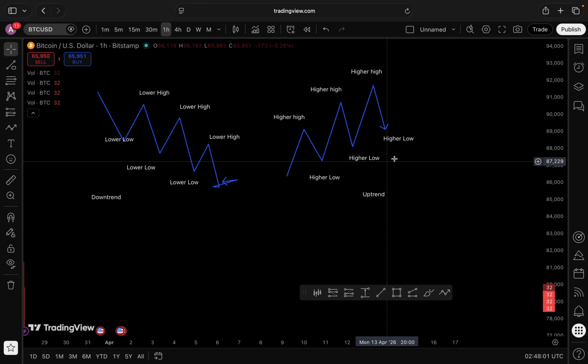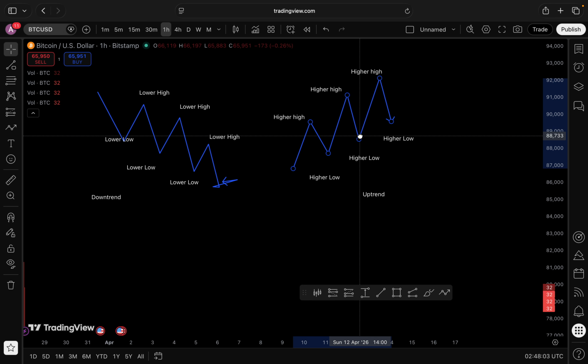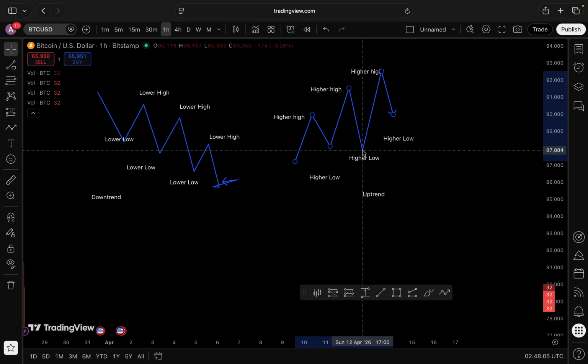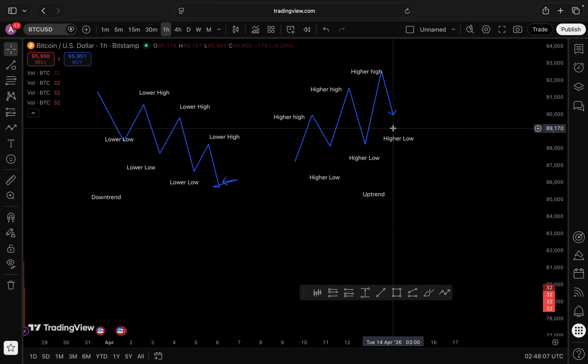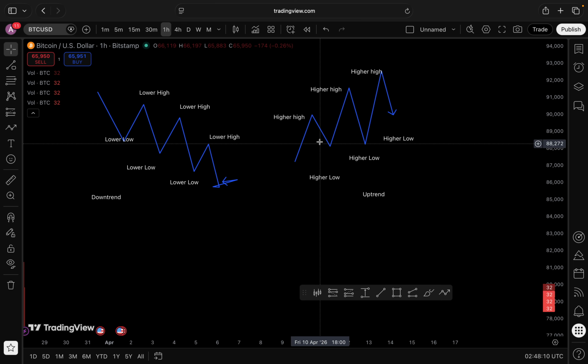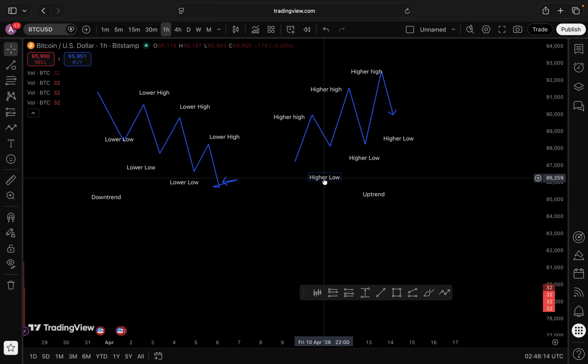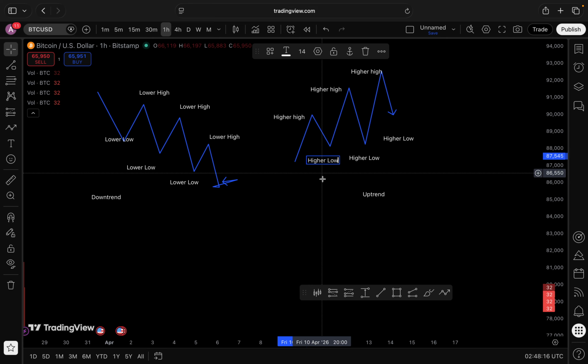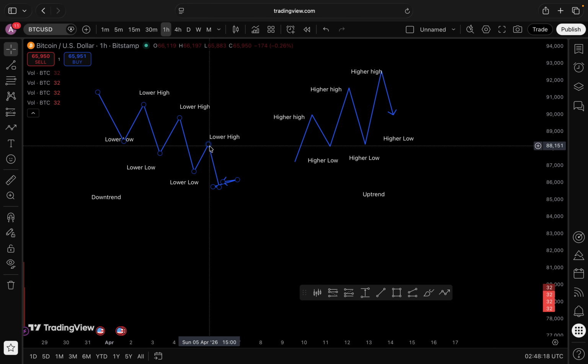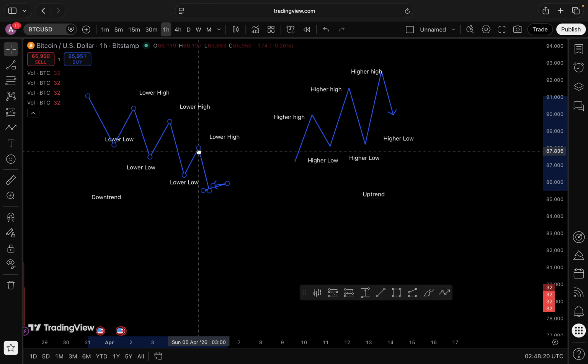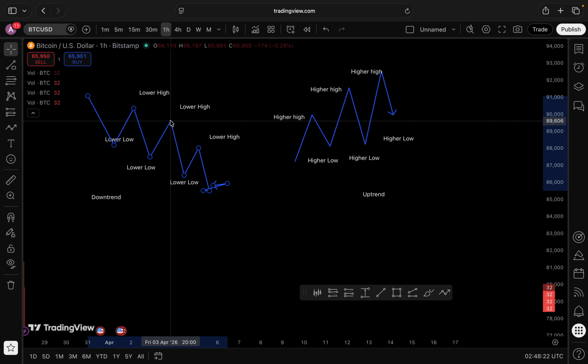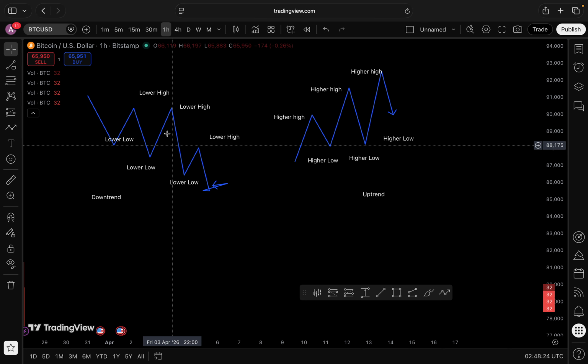But I also want to throw in there that price can create an equal low, and price can also create an equal high.